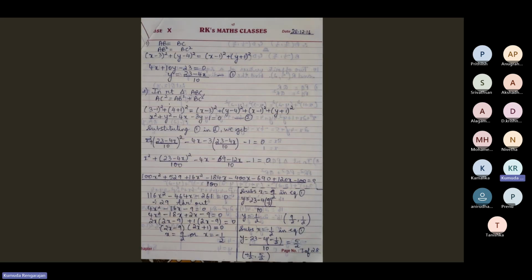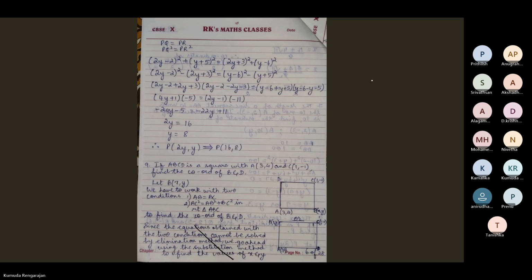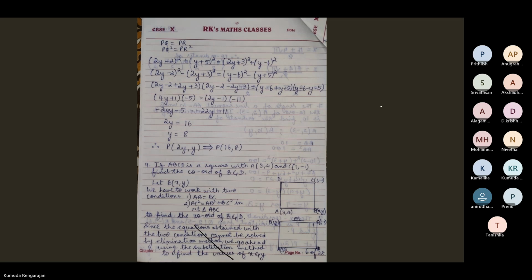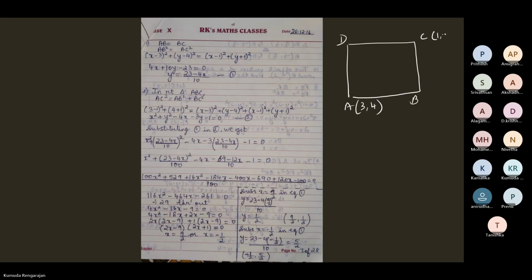So AB is equal to BC. Okay, so AB square is equal to BC square.